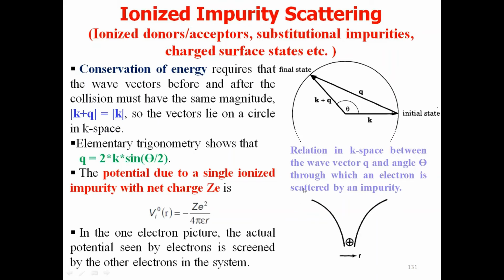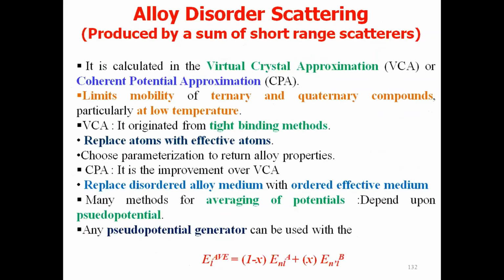They can modify this Coulomb interaction. This phenomenon is known as screening, which is very important when we go for multi-electron phenomena. We consider a large number of electrons, of the order of 10 to the power 11 per cm square, so there will be screening. I will explain screening later on.